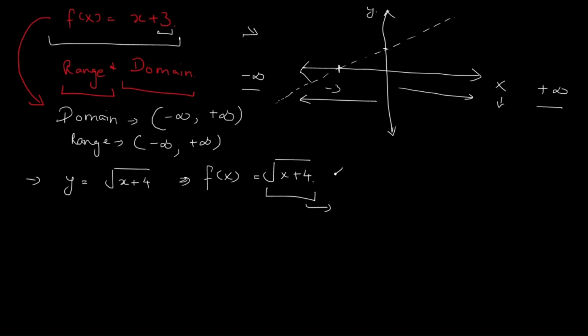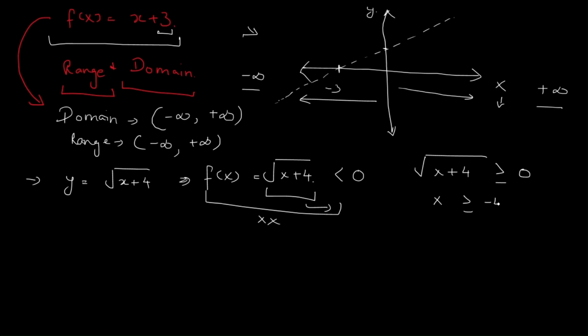If this value is less than 0, then this function is not defined. So if x plus 4 is greater than or equal to 0, then x is greater than or equal to minus 4.